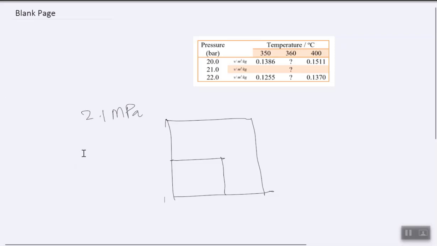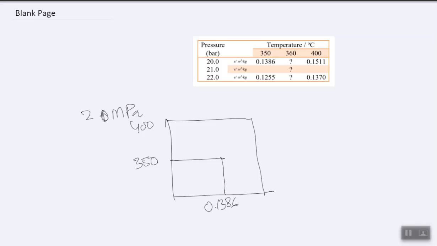Well, let's check it in the other direction. At 2.0 megapascal, the value of volume at 350 is given, 0.1386, and the value of volume at 400 is given, which is 0.1511. Now to find the value of volume at 360, I would do the interpolation between 350 and 400.